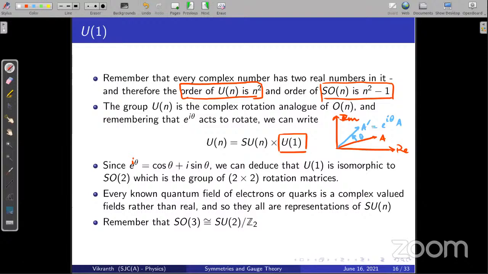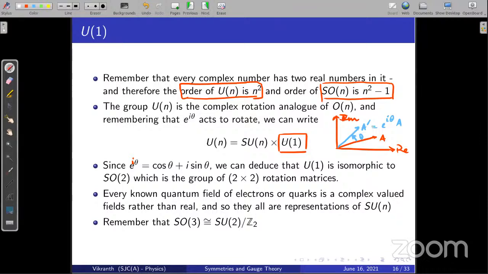And even if we do think of rotations of these fields, we cannot apply our regular SO or O groups, because those O groups and the SO groups only have real entries in their matrices. But the unitary groups, the SU group or the U group, have complex entries in them, right?